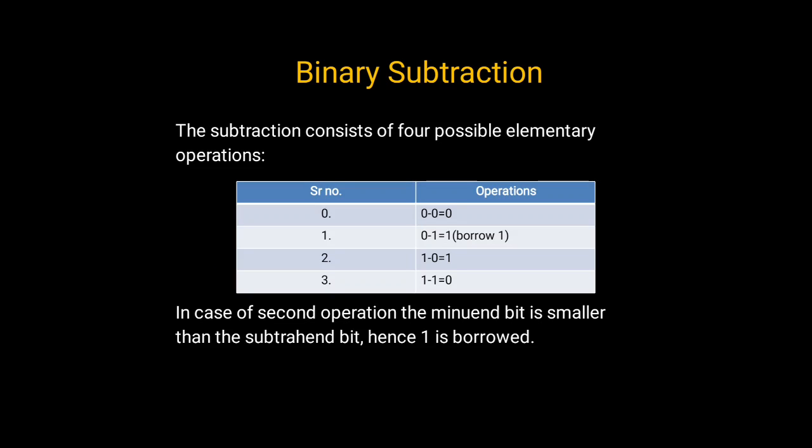So always remember, 1 is a borrow and 1 is the difference. 1 minus 0 is simply 1 and 1 minus 1 is 0. So in the second case, the minuend bit is smaller than the subtrahend bit, hence 1 is borrowed.